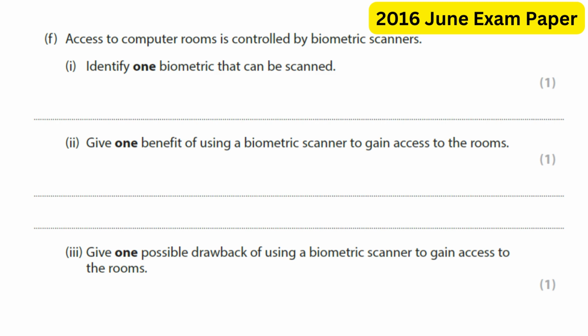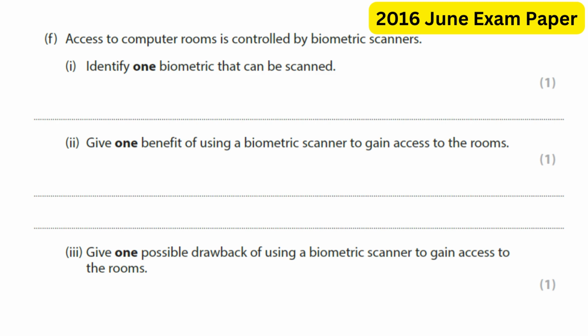And then the third one, give one possible drawback of using a biometric scanner to gain access to the rooms. Let's say a fingerprint, sometimes depending on the way you put your finger, it might not work, and so the scanner might not read it correctly, and there could be system failures.